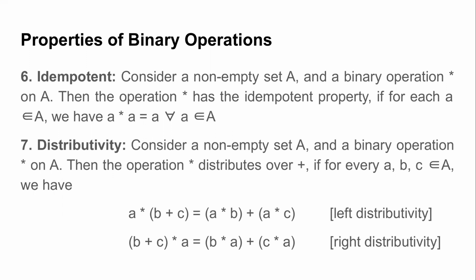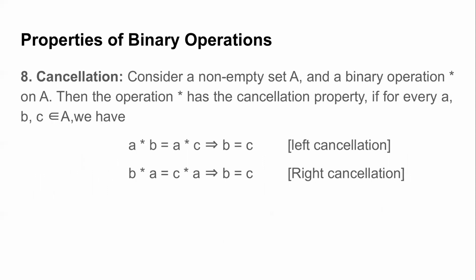Idempotent was basically a special case wherein any element multiplied by itself gives back the element. In this case, if you satisfy the idempotent property, then your identity and inverse were the element itself, right? And then we have the distributive property, and finally the cancellation property.